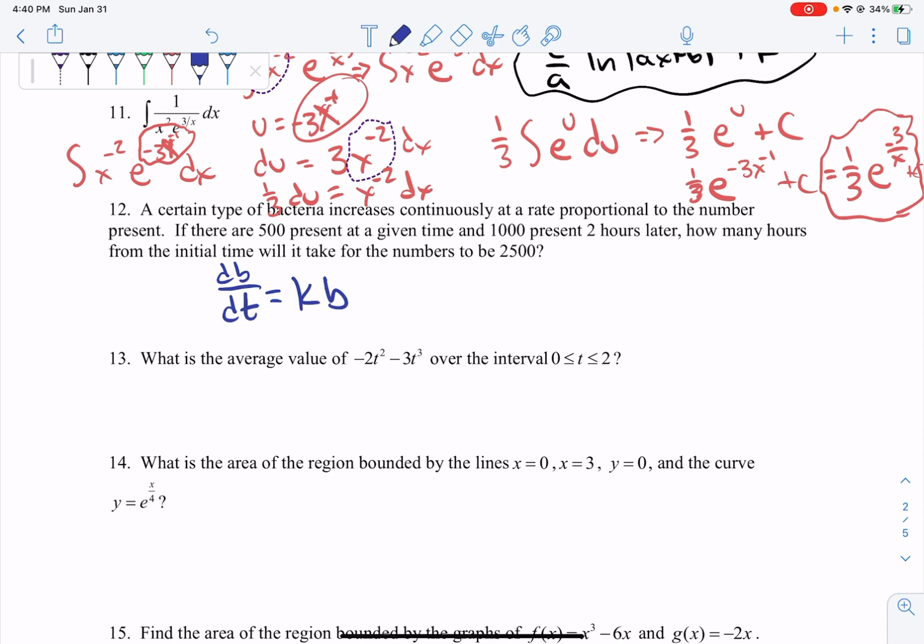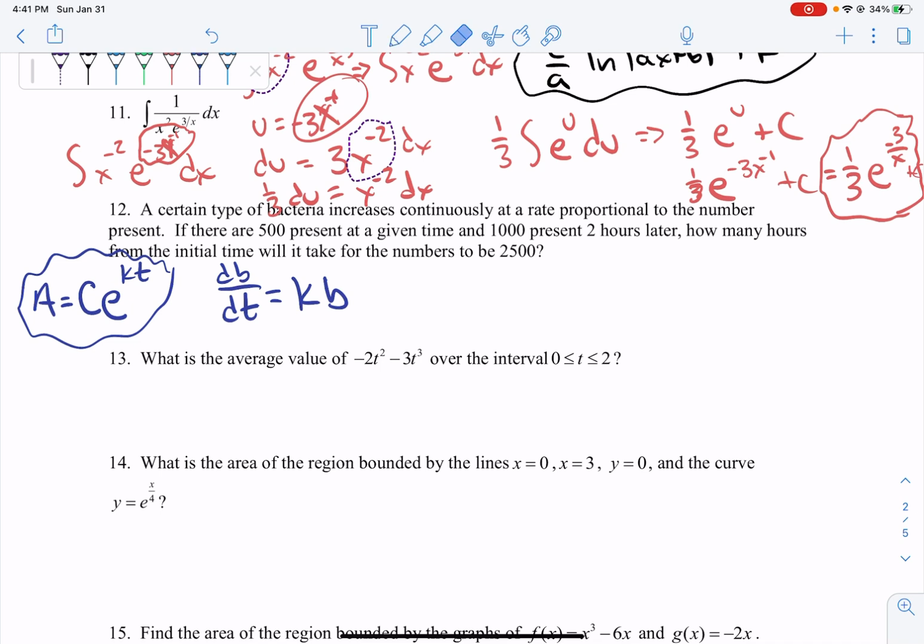It kind of looked like the exponential growth that you see in finances. And it looked something like A is equal to some constant times e raised to the KT. So this is the formula that when you see something increasing at a rate proportional, you're going to end up using.